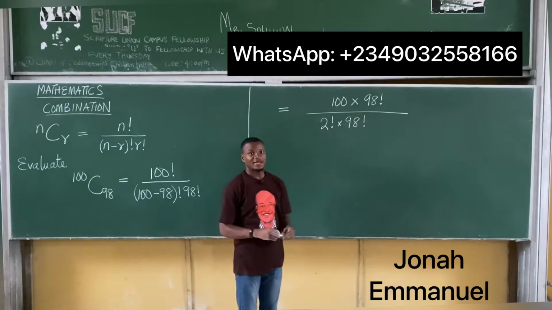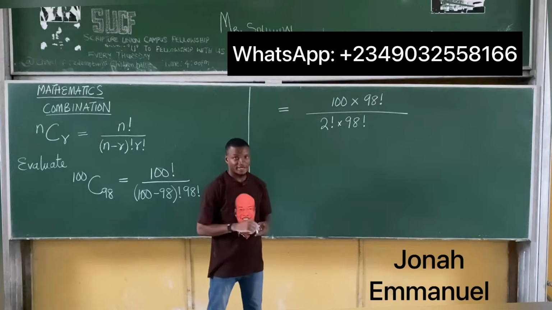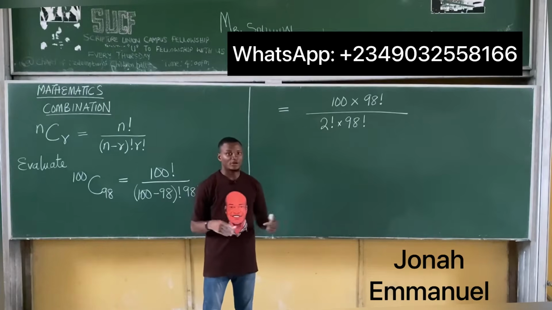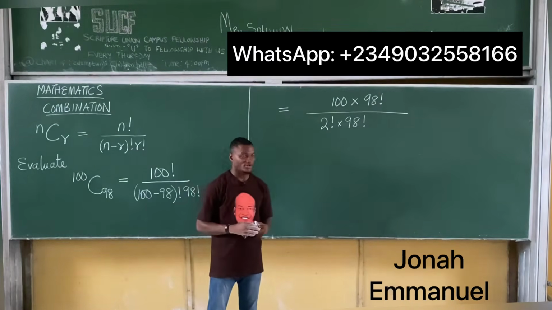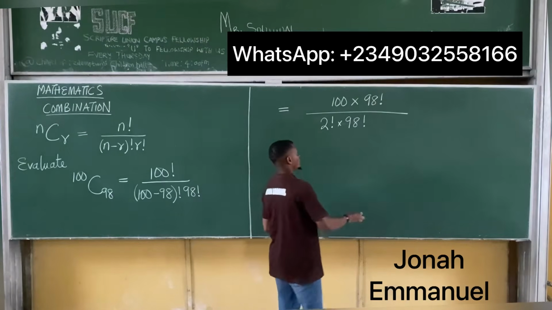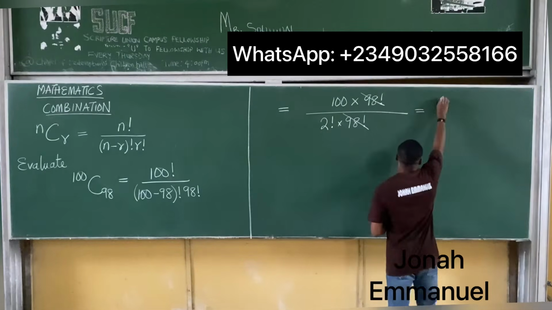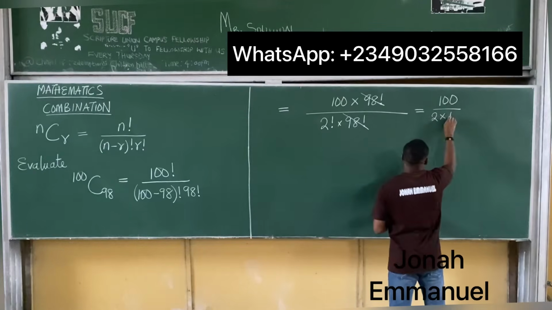We explained this in the last class when we talked about permutation. All right. So if you missed the class on permutation, simply check the description of this video. I'll share a link on how to watch our previous class on permutation. All right. After this, from here, this can now cancel this. So that's equal to 100. 2 factorial is 2 times 1, which is 2.